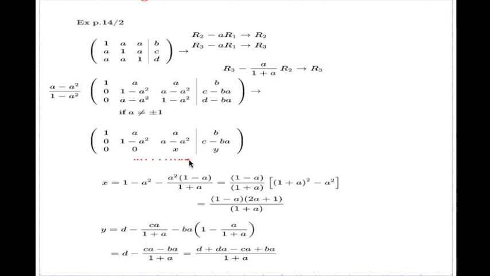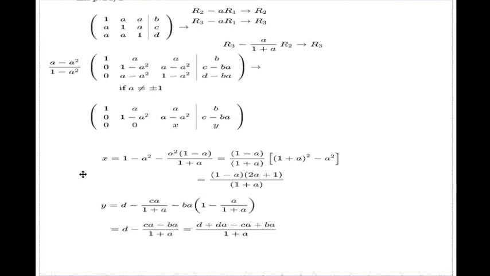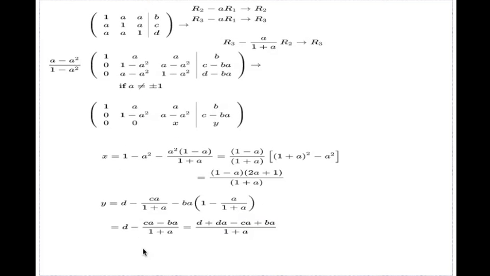This will be row echelon form, and the system associated with this row echelon form will have multiple solutions when x and y equal 0. Now, x and y equal 0, look what it means. X equals 0 means that this fraction equals 0, but the first bracket cannot be 0 under this assumption. So the only possibility is the last bracket being 0. So x equals 0 converts into a equal negative 1/2.